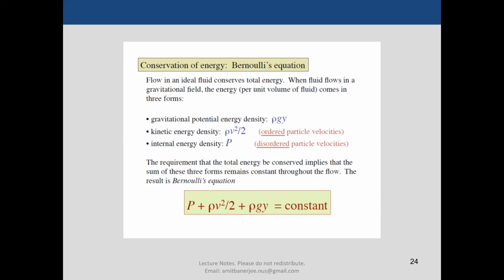When the fluid flows in a gravitational field, the energy per unit volume of the fluid comes in three forms: the gravitational potential energy, which is rho Gy, the kinetic energy density, which is half rho V squared, and the internal energy density, which is the P. The requirement that the total energy be conserved implies that the sum of these three forms remains constant throughout the flow. And that's Bernoulli's principle, which is given by this equation.